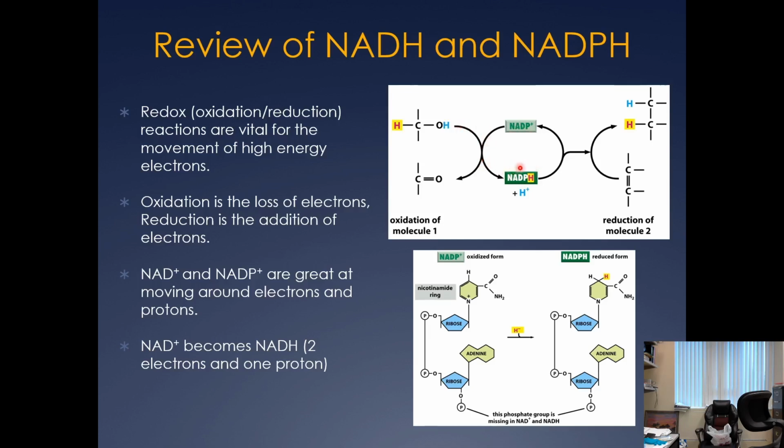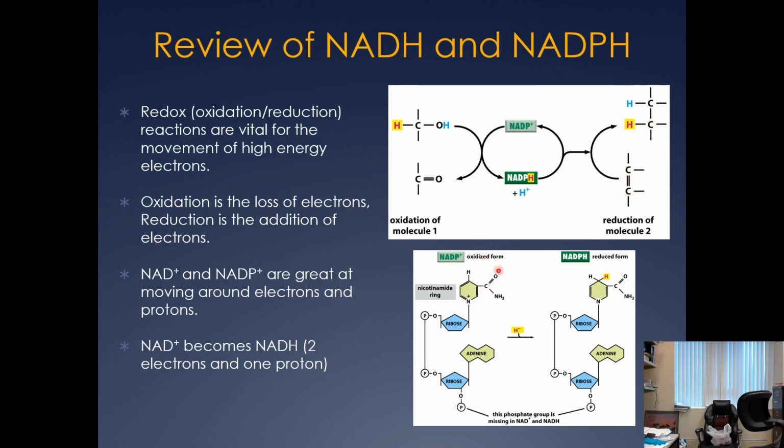Wherever the electrons are going, protons generally follow, so it's often easy to tell what's reduced and what's oxidized. This molecule is reduced because it's got extra protons, which means it has extra electrons, and this one is oxidized because it has a double bond there. If you remove the electrons from here, they're going to be shared in this double bond. Likewise, in this double bond here, if you reduce it, the protons are going to follow.